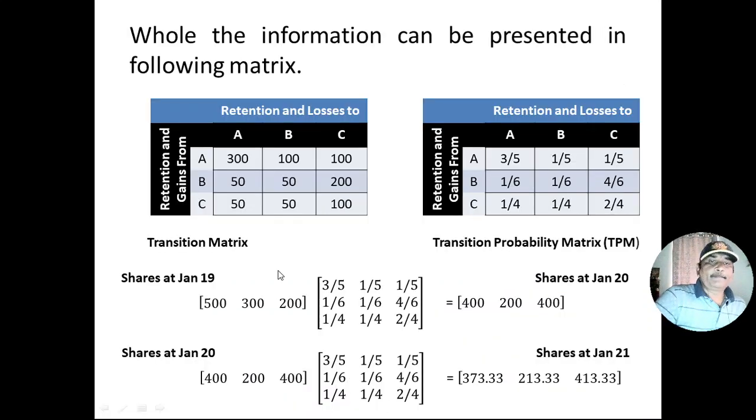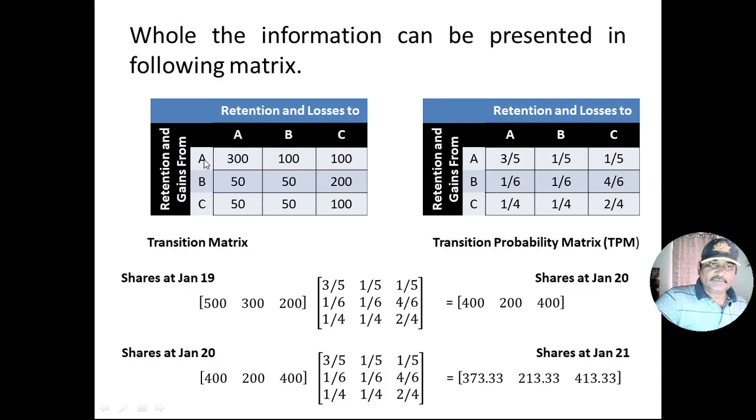So here we will be writing whole the dynamics which is occurring as far as brand switching between ABC companies is concerned. Here we are trying to write that in a matrix form.